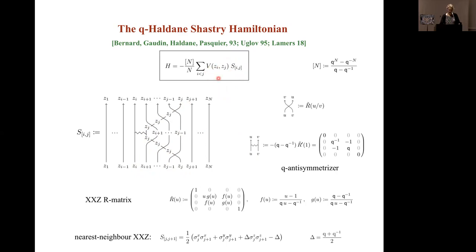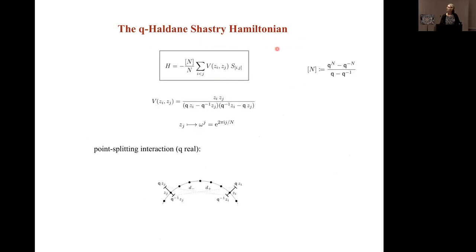And the potential is also slightly modified. So the potential here, instead of having a double pole at z_i equal to z_j, has a kind of splitting of the pole into simple poles. And again, the coordinates z here are the roots of unity.